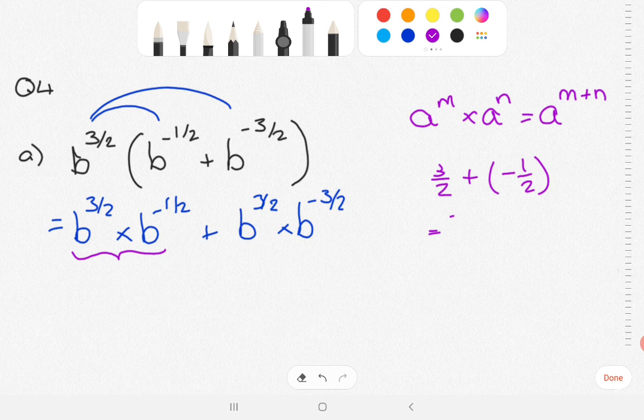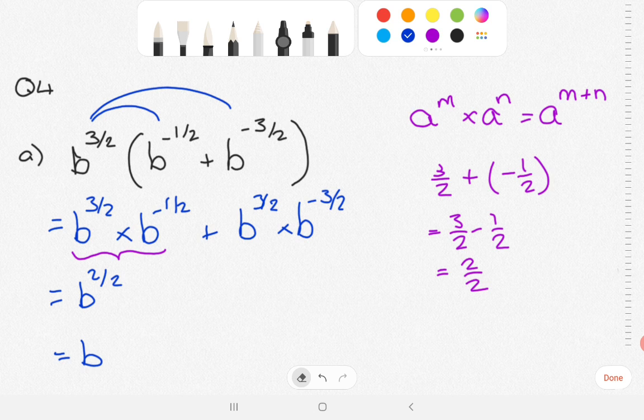Plus and a minus make a minus, so 3 over 2 take away a half, which will clearly be 2 over 2. So this would be b to the power of 2 over 2, which we know is going to be b to the power of 1, or you could just write it as b. You remember you don't need the 1, so you could just write b.